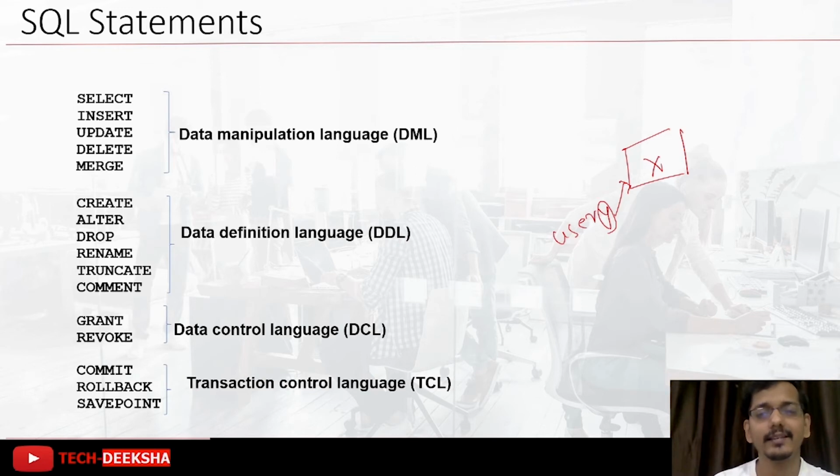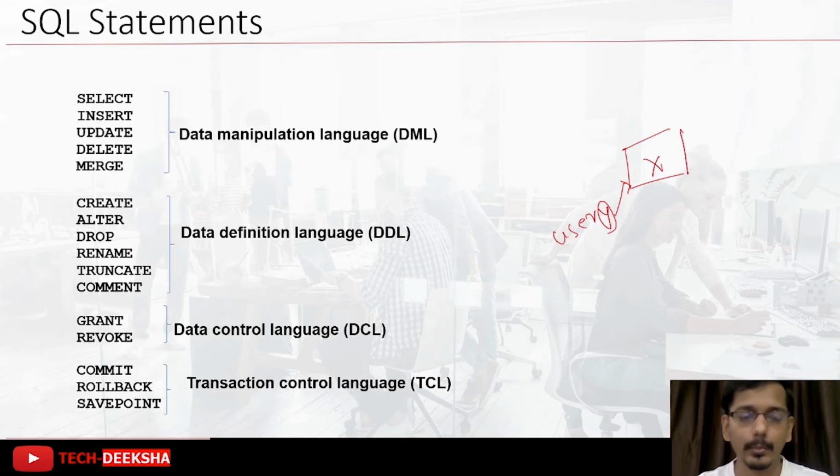Once you give access to a particular user, it might be possible that the user moved to some other project or switched to some other company, but you still want to revoke that permission because that user is no longer active in your project. So you can revoke the access to that table for that user.